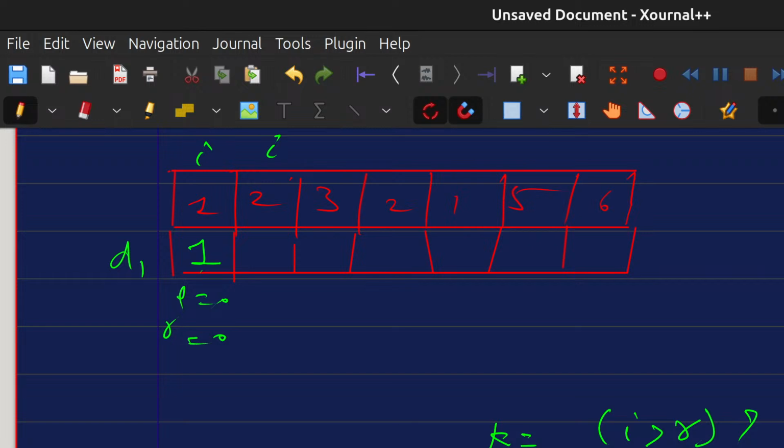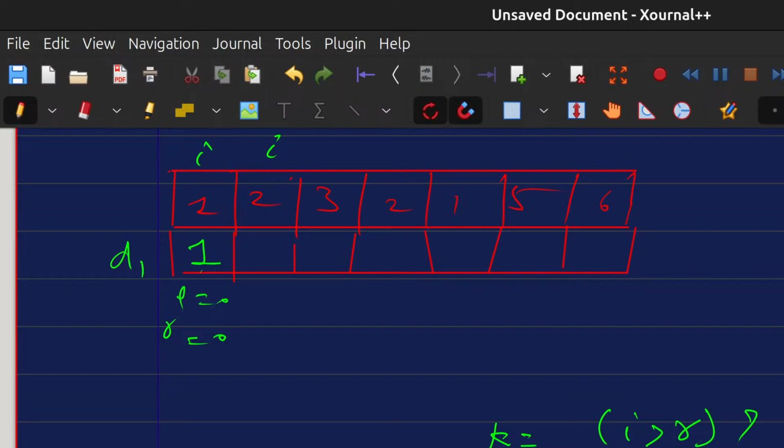Else it is minimum of d of R minus L plus R minus I, comma R minus I plus 1. Okay, we will see that. So I is greater than R, yes. So K is 1 right now.